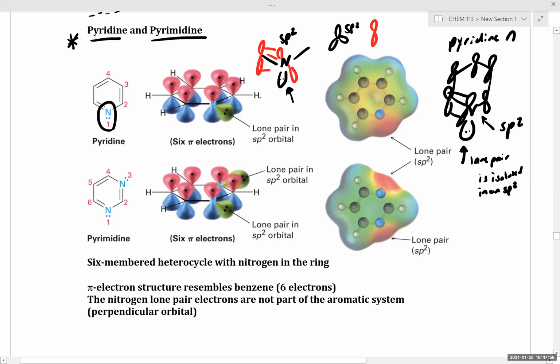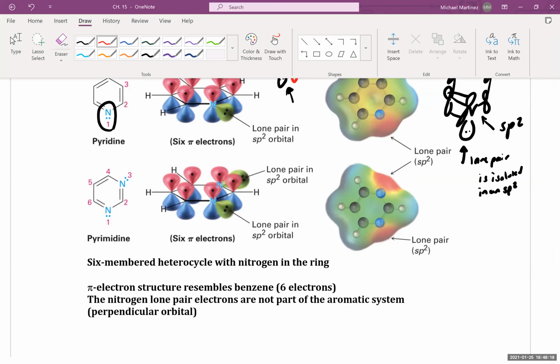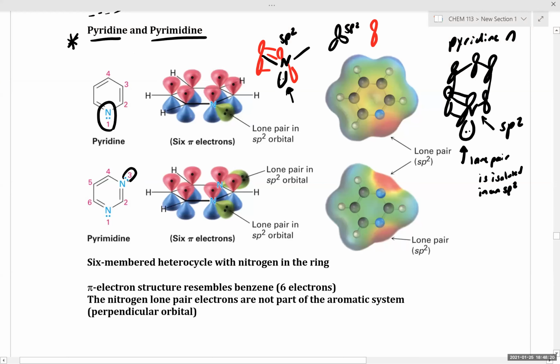For those who might ask, can't we adopt an sp hybridization? 180 degrees is not compatible with a 6-membered ring. Does that explanation make sense to everyone? Does everyone see why this pyridine lone pair is isolated? By the same token, if we look at pyrimidine, again, we have 2 nitrogens in our ring.